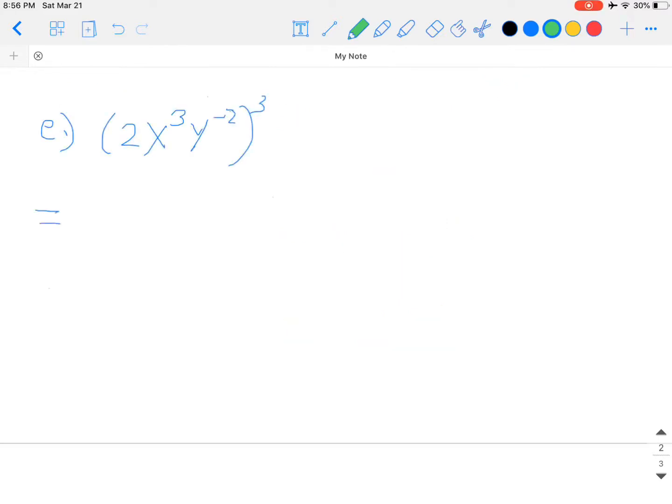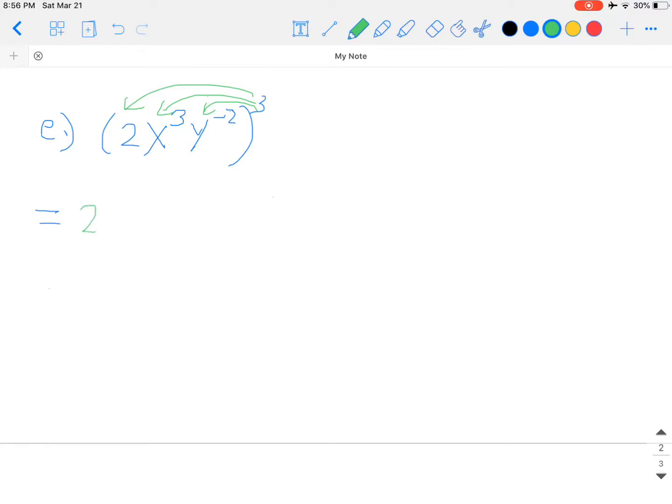So for this question, we have 2 times x to the 3 times y to the negative 2, and then everything to the power of 3. So we apply rule number 3. Each of the terms has to be raised to the third power.